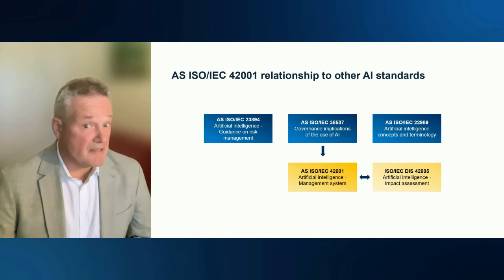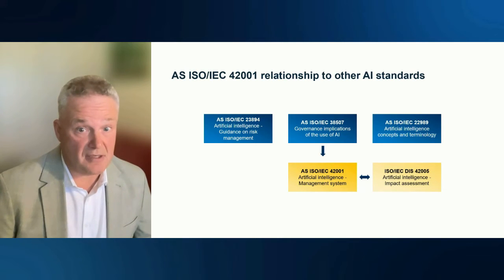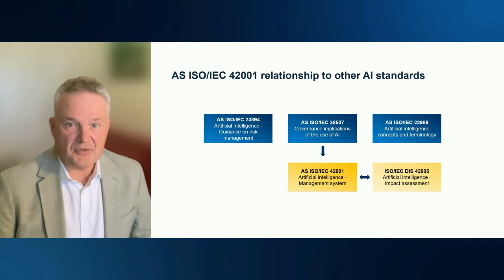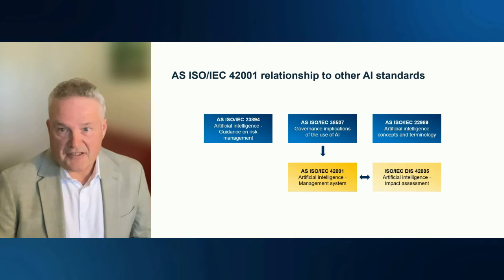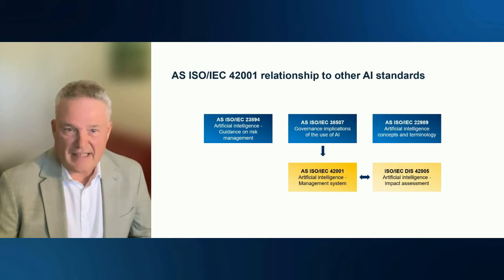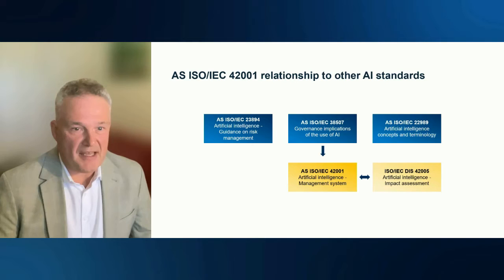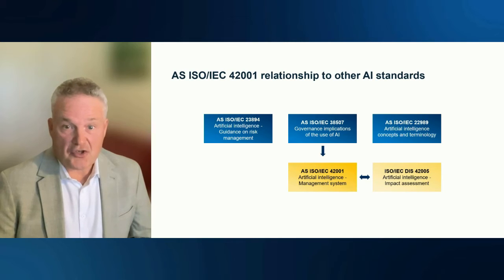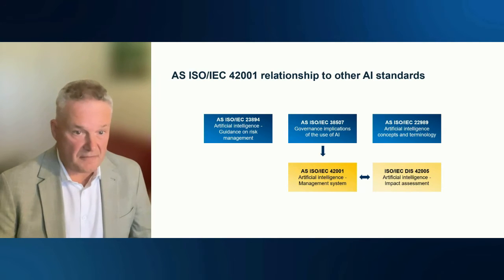So what makes an AI system different from other IT systems? Well, that question is answered in part by another foundational standard, 22989. It explains what makes an AI system different from a regular IT system. And I'll read out the definition of that standard so that we're all on the same page. It says, an AI system is an engineered system that generates outputs such as content, forecasts, recommendations, or decisions for a given set of human-defined objectives.